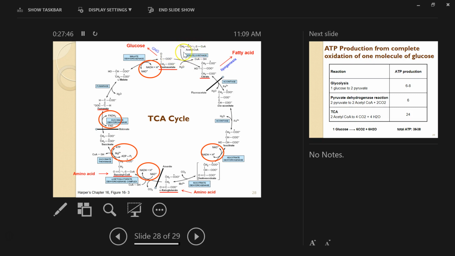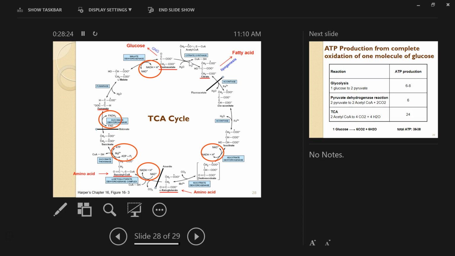The acetyl-CoA is the molecule that enters the TCA cycle. And the first reaction of the TCA cycle is acetyl-CoA together with oxaloacetate condensing to citrate, right? TCA cycle also connects the metabolism of the three nutrients: glucose, fatty acids, and amino acids.